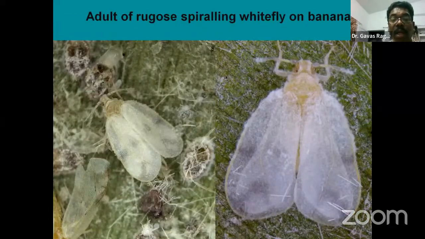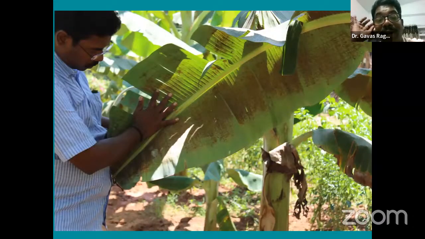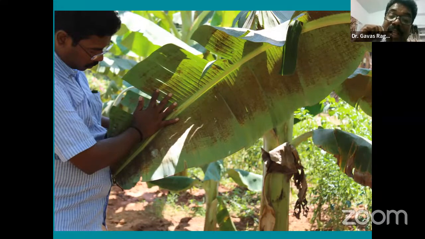Now I would like to introduce another severe pest of banana called leaf thrips. Earlier we didn't understand the severity of this pest, but lately, because of climate change and other factors, we observed a severe outbreak of leaf thrips in banana. These are the typical symptoms produced, called rust symptoms.